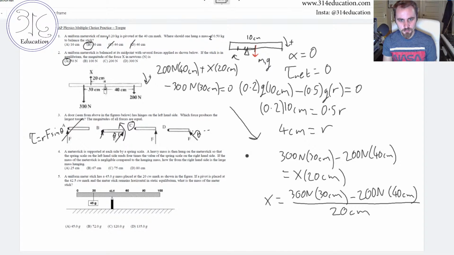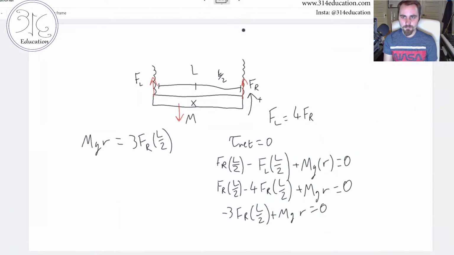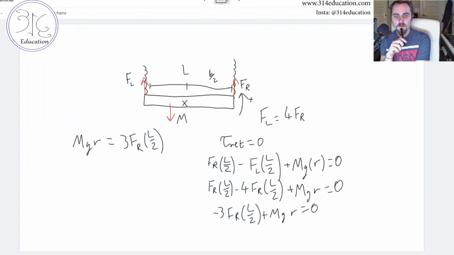If the mass of the meter stick is negligible compared to the hanging mass, okay, that tells us, because we unfortunately don't know FR. Oh, but we do know 5FR is equal.